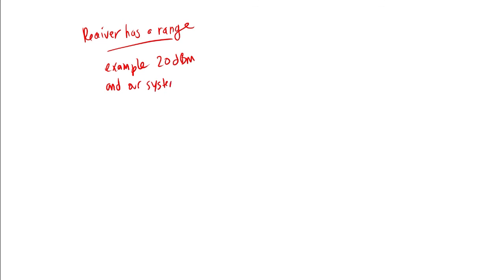If the receiver has a range, for example our range is 20 dBm, and our system loss budget is 23, or sorry, our gain is 23, that means we've got too much power for our receiver.